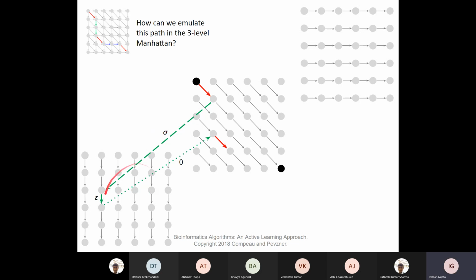So there are no transitions from the lower to the upper matrix. Those are forbidden, because biologically speaking, one part cannot be having an insertion while the other part is simultaneously having a deletion.